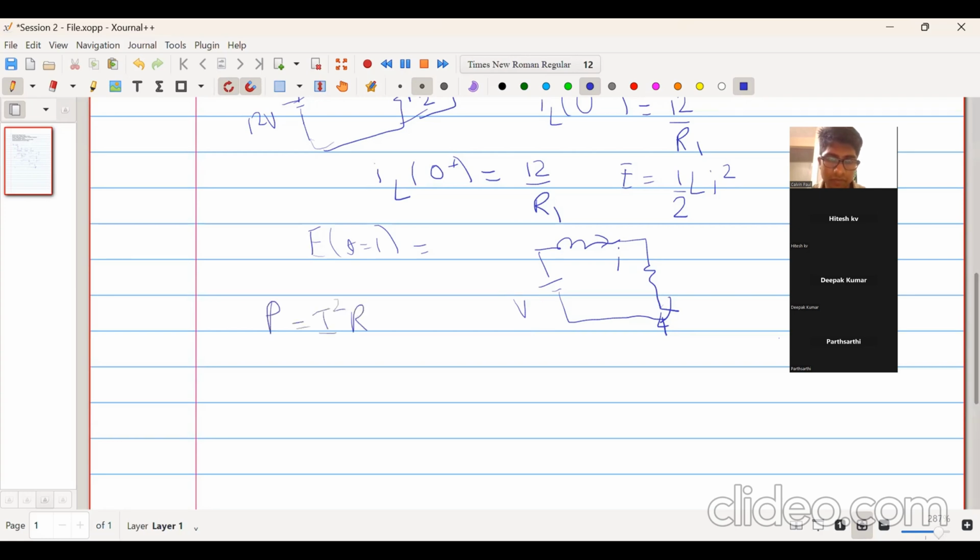I want to say that the energy dissipated by the resistor is independent of the value of R. No, it depends on the value of R. How, sir? Can you derive that? If you take the equation of V into I, then substitute the value of I in terms of the equation, maybe you'll understand why it depends on the value of R.